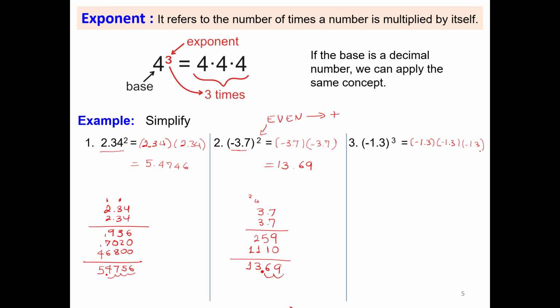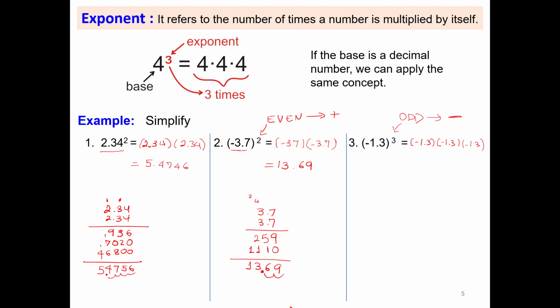And we know the answer will be negative times negative is positive. Negative times negative is positive. Positive times negative is negative. But also, you can remember this rule. If the exponent is odd and the base is negative, always the product will be negative. Yes. Then let's solve the problem.